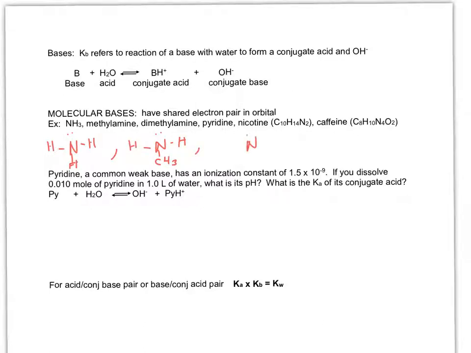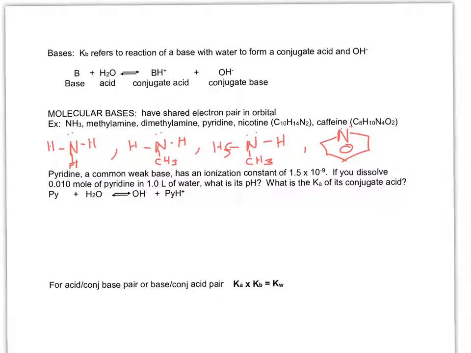Dimethylamine looks like this. Pyridine looks like this, and so on. I'm not going to draw nicotine and caffeine, they're kind of long, but you get the idea. You have this lone pair typically on the nitrogen. That is what allows it to grab an H+.